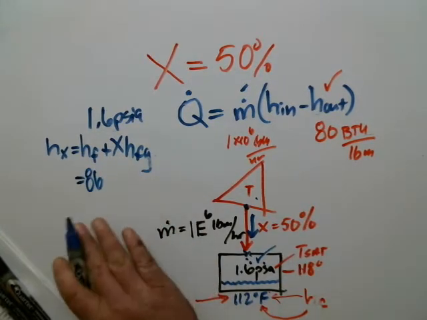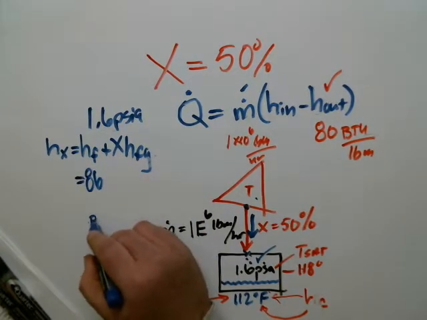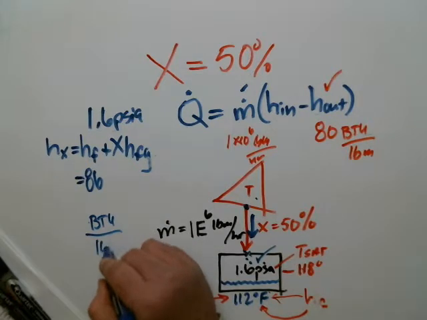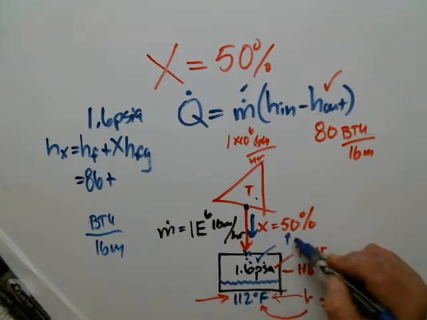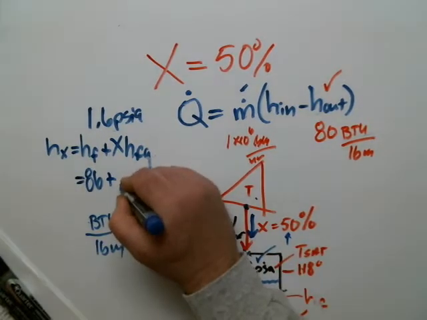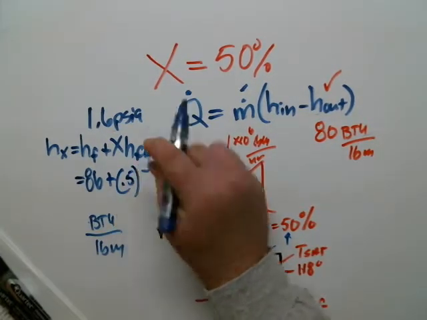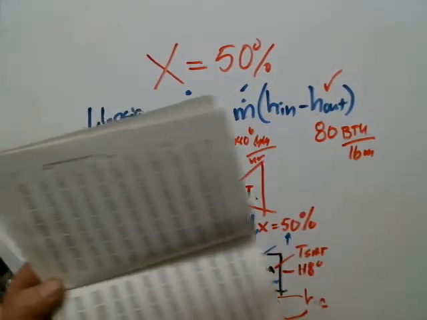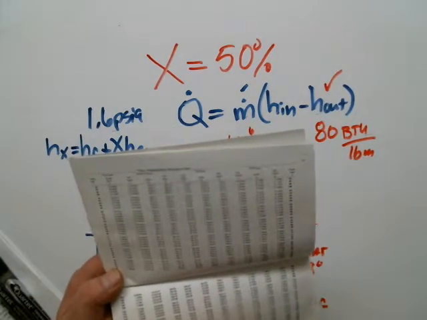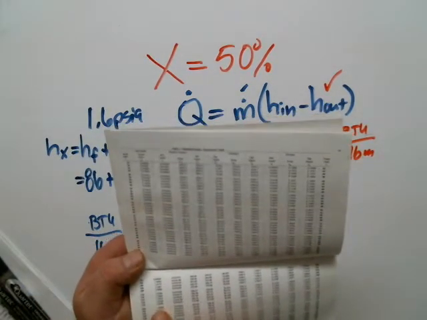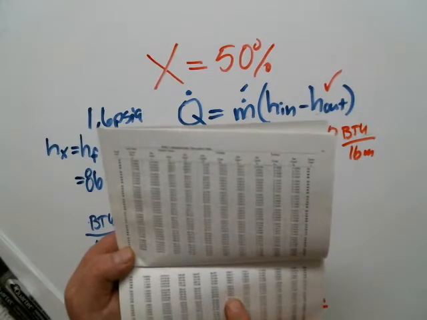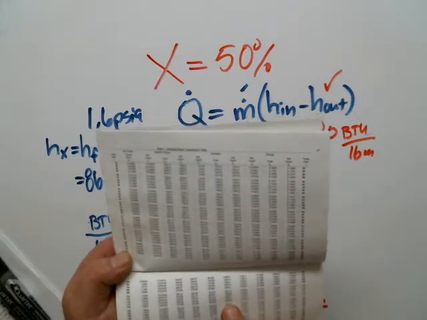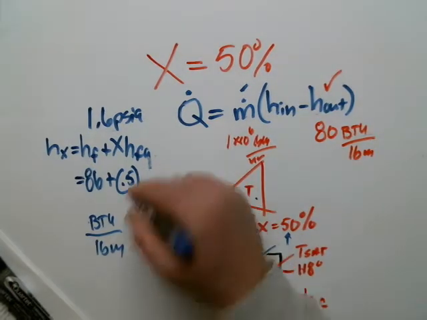86, and I'm just going to keep the units off of it for now, but recognize these are all BTUs per pound mass. It's a specific enthalpy. Plus, quality is 50%, so I'll go 0.5. And what is H sub FG at 1.6? So I'm going to come right back to my steam tables, see 1.603, close enough, and I see H sub FG is 1,026 BTUs per pound mass.